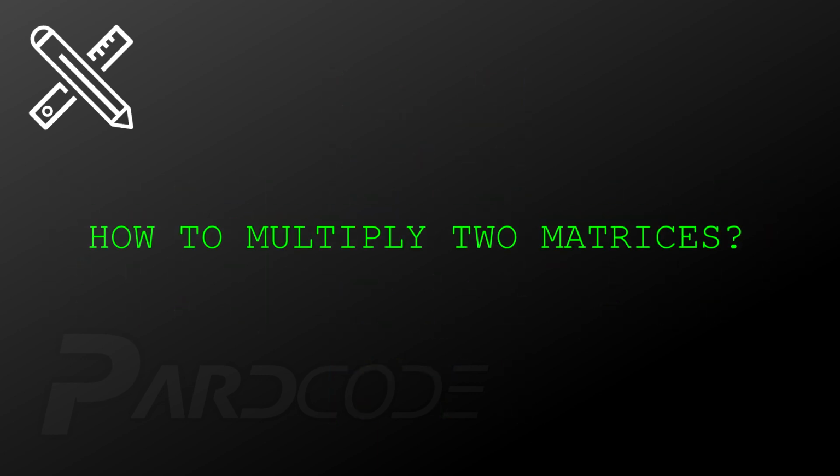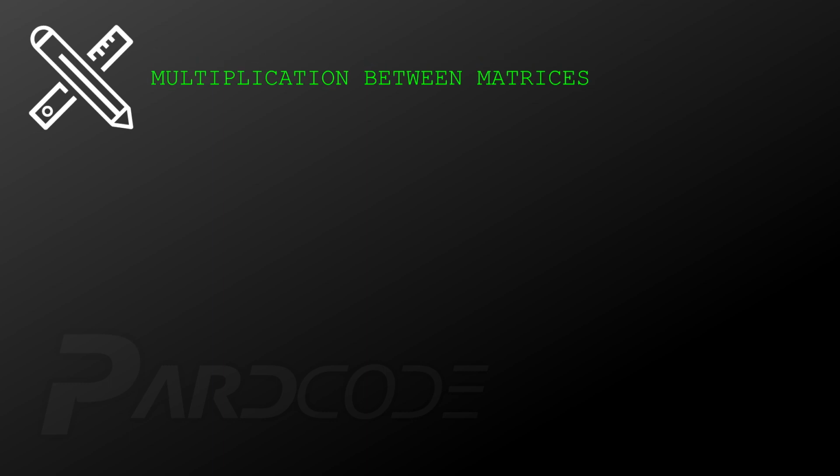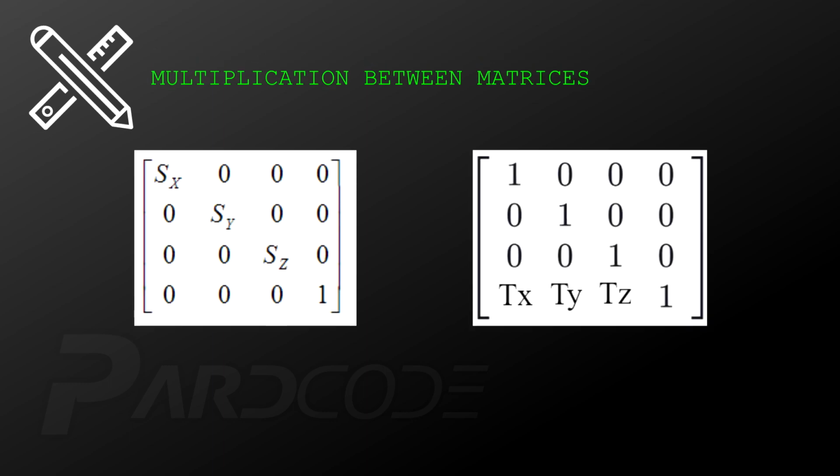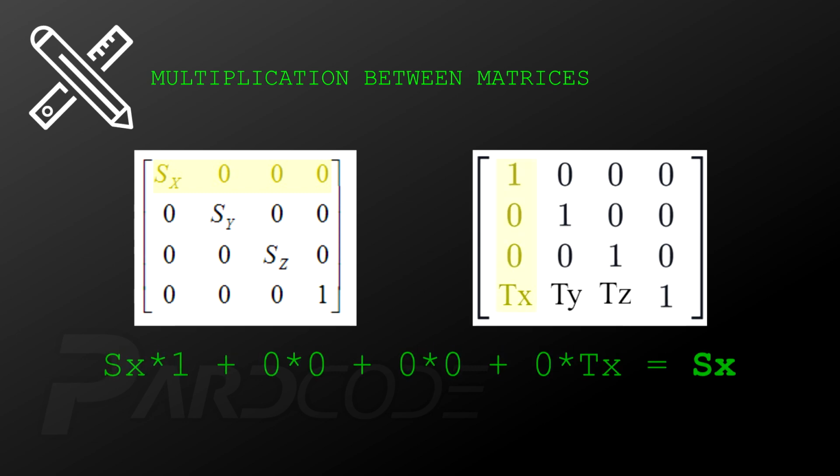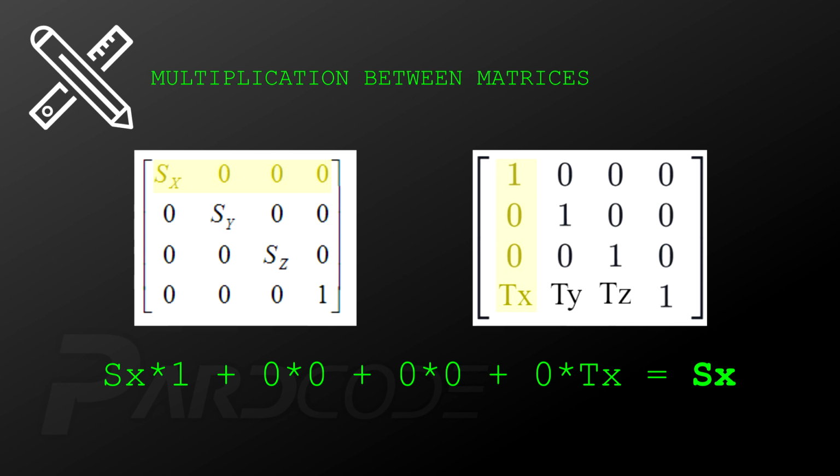So let's see how to perform this operation. The multiplication between two matrices is a process that starts by taking the first row of the first matrix and the first column of the second matrix. Then we have to multiply the first element of the first row of the first matrix with the first element of the first column of the second matrix.